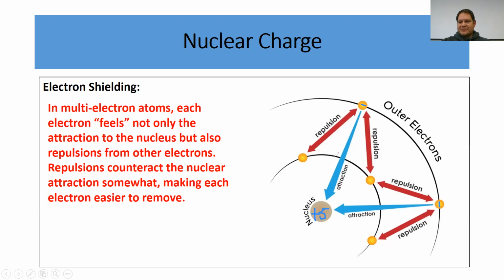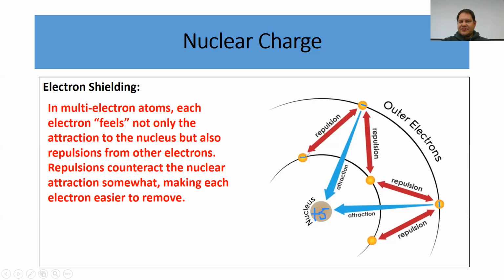And the core electrons are any electron that is not found in the valence shell, as a reminder. And so what's happening here is, yes, the core electrons are attracted to the nucleus, absolutely. But we also have some repulsion going on.